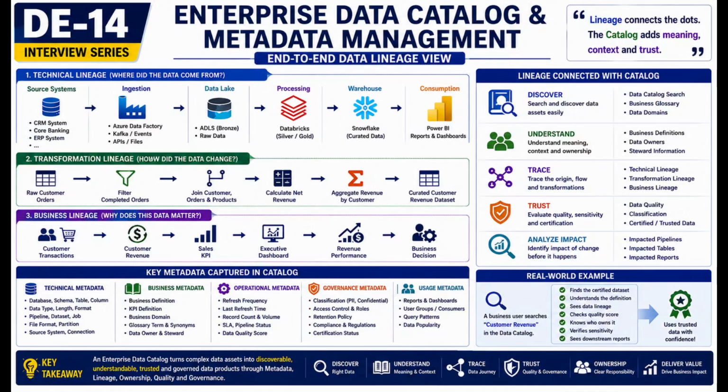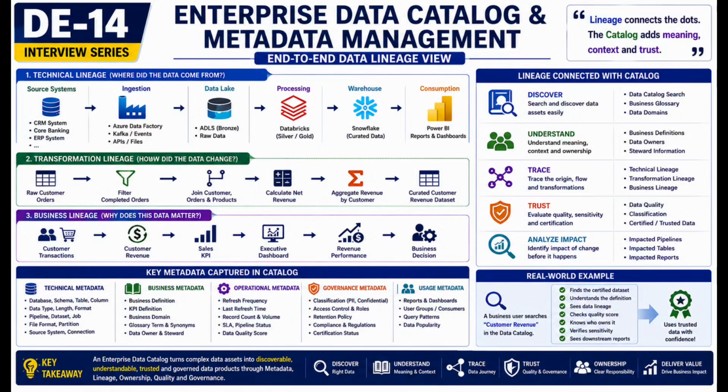For example, customer revenue last refreshed at 1:30 am, the SLA is 2 am. So quality score is 98%. That information helps engineers and business users determine whether the data set is operationally healthy and ready to consume.